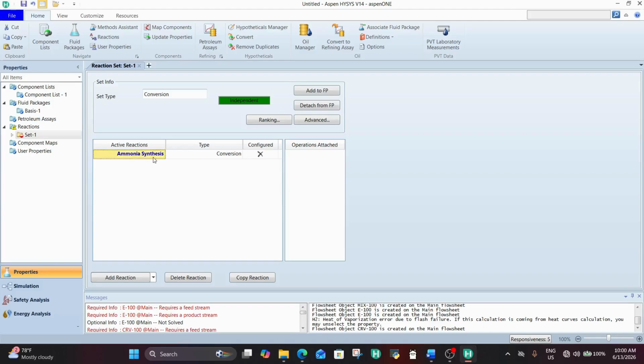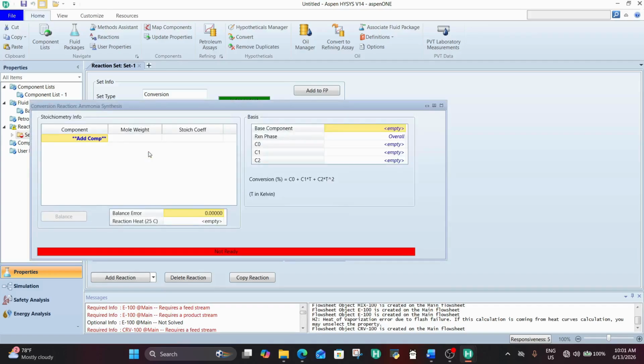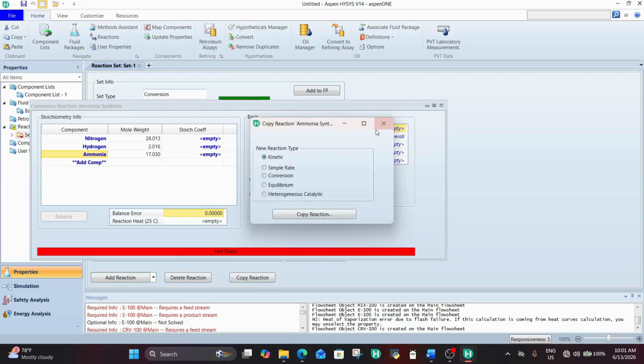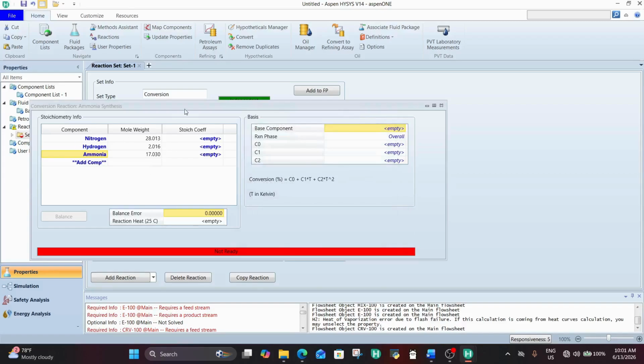We double click, we go in, we add our components for the reaction: nitrogen, our product which is ammonia, and hydrogen. I think we are good to go. So our base component, which we forgot to mention, in this simulation would be nitrogen.